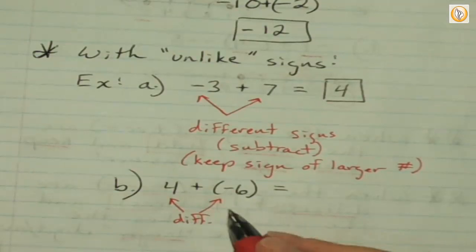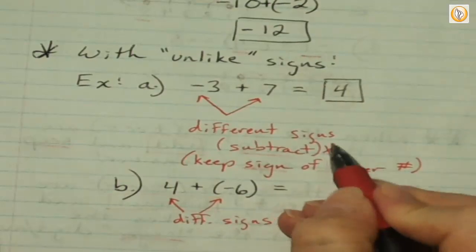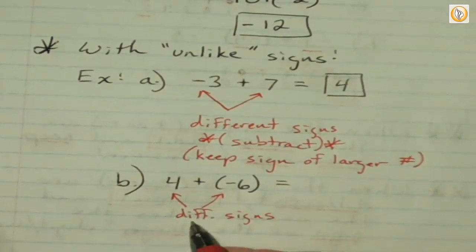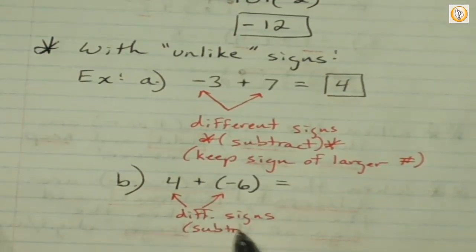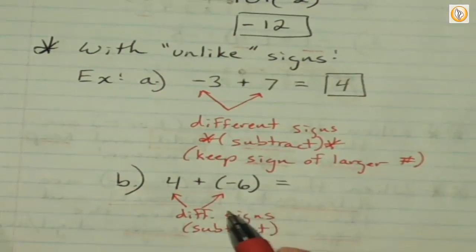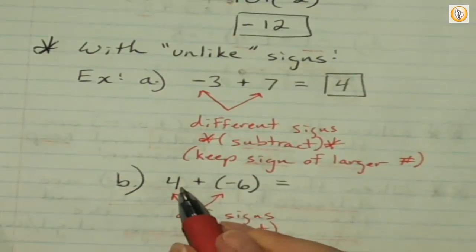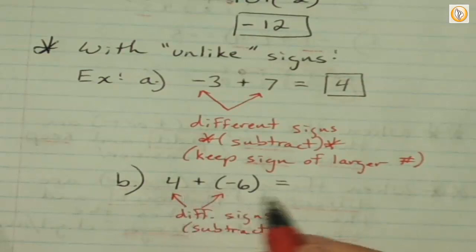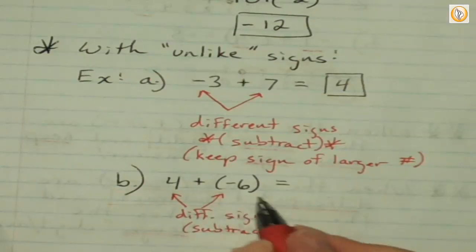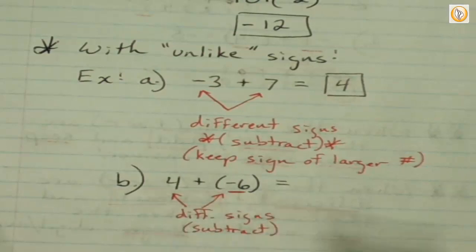If we have different signs, we subtract. And then keep the sign of the larger digit. Which is the larger digit, the 4 or the 6? Not on a number line, just number-wise. Okay, 6. So if you subtract, what are you going to get?